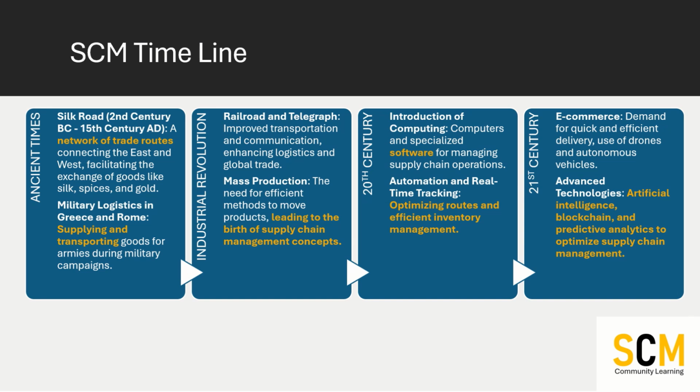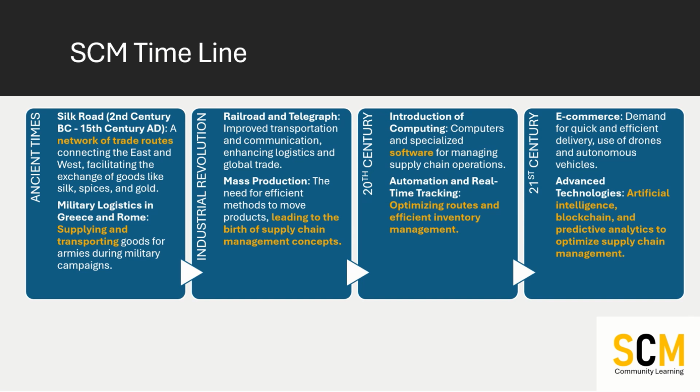Also, supply chain was implemented in military logistics in Greece and Rome, supplying and transporting goods for armies during military campaigns. So, the concept of supply chain has been in the market for like 30 or 40 years.